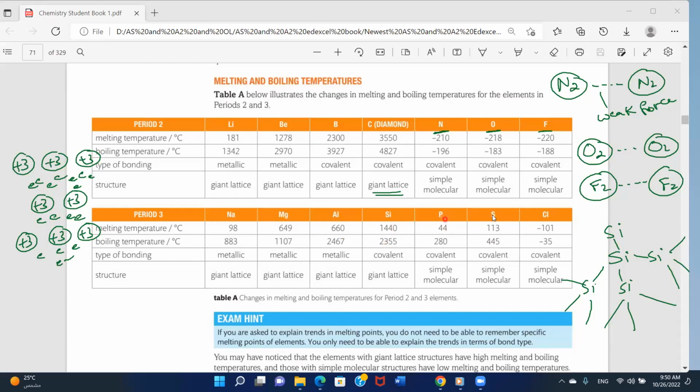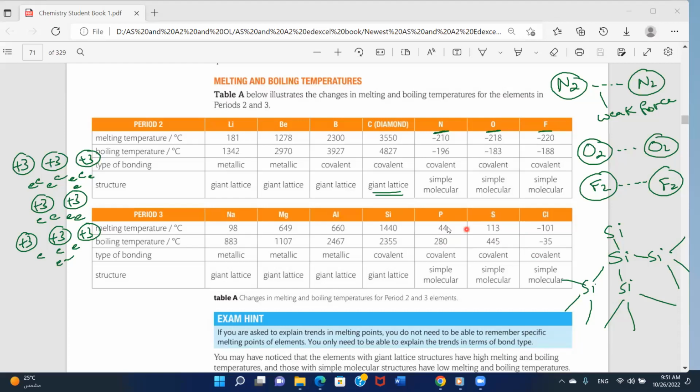But if we look at phosphorus, sulfur, and chlorine, we'll find that these have simple molecular structures. They are bonded together by covalent bonds, but they are simple molecular compounds or molecules. And so, like in the case of nitrogen, oxygen, and fluorine, since phosphorus, sulfur, and chlorine are also simple, we will see that it requires less energy to break these weak forces between the molecules.